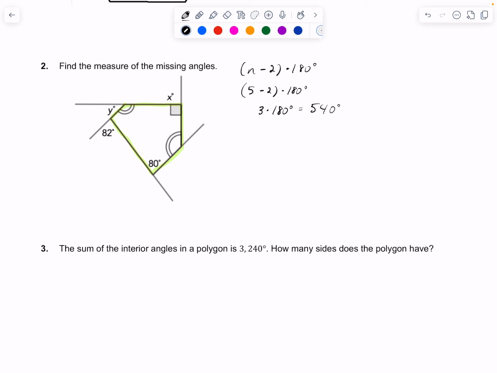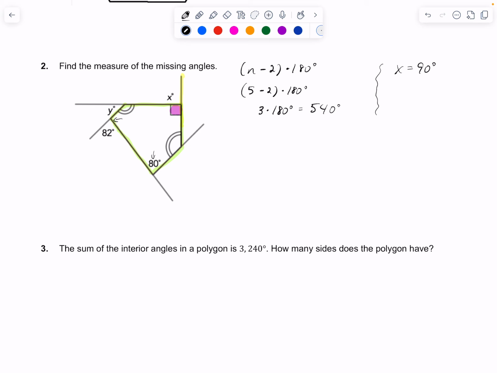Now, one thing I do is I can find X already off to the side here, because that is a 90-degree symbol. So if that's a 90-degree symbol, then X is also going to be 90 degrees, since this right here is a line.